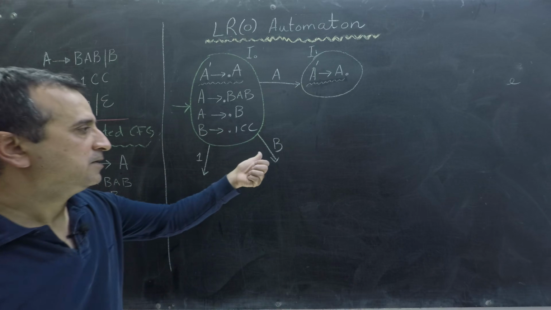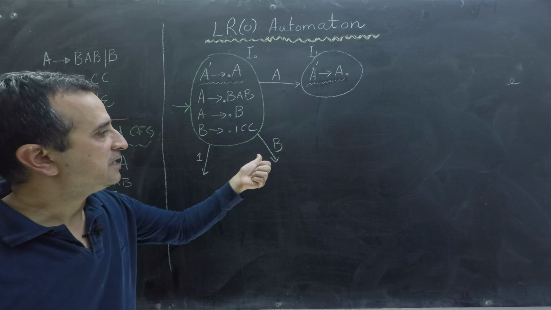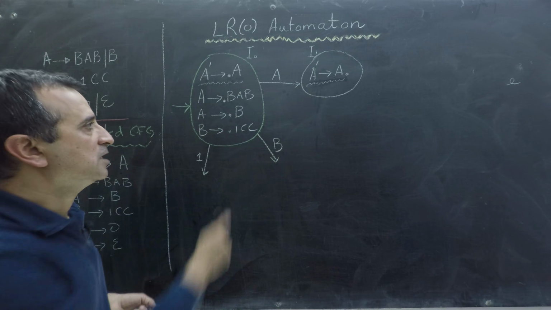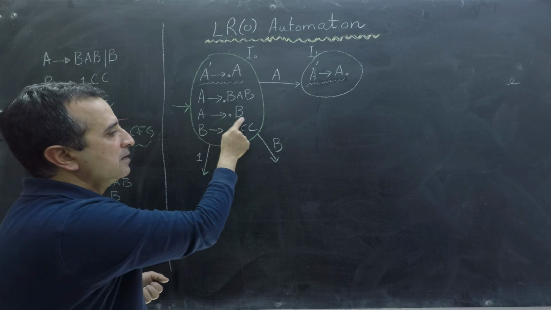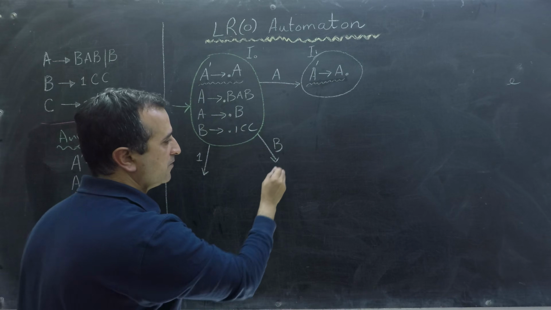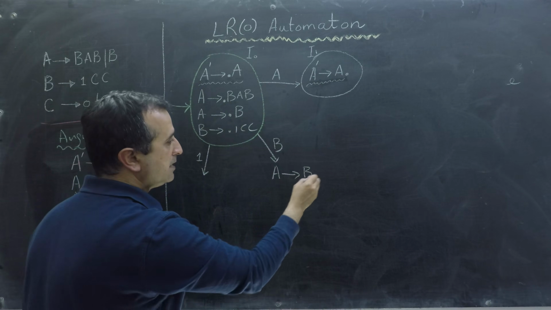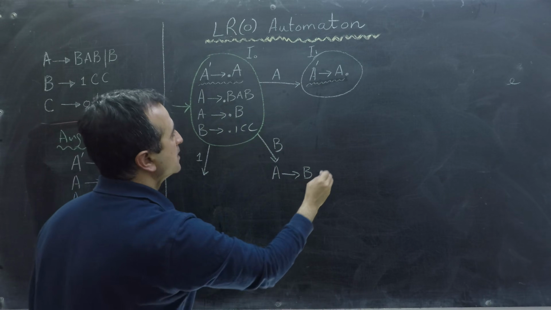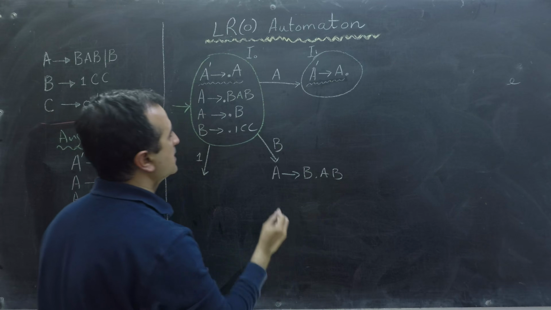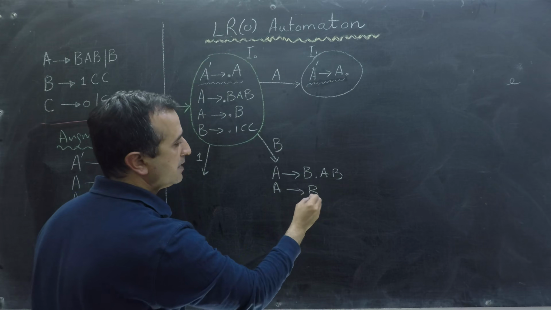Now we will create a new state using the transition of B. As we have seen B, the dot will move to the right hand side of symbol B, and I will have productions A goes to B dot A B and A goes to B dot.